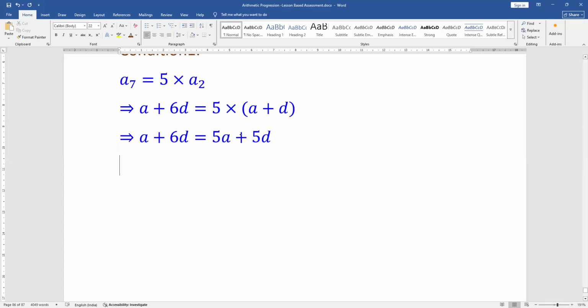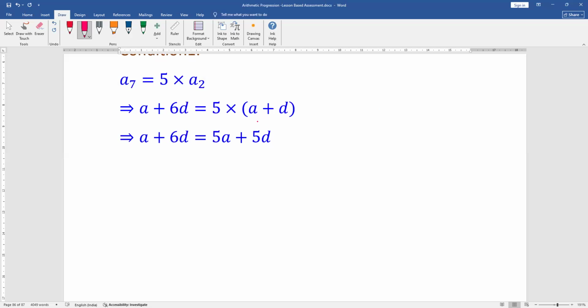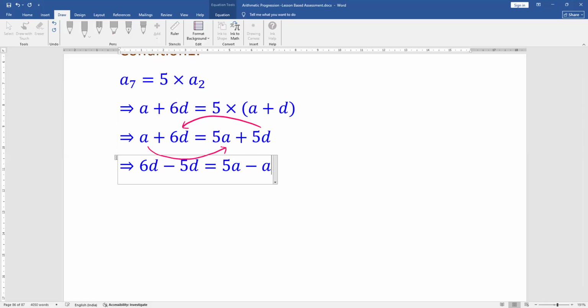That means we are going to transpose this 5D to the left hand side. This A, I'm going to transpose it to the right hand side. So in my next step, 6D minus 5D, and on my right hand side, you get 5A minus A.